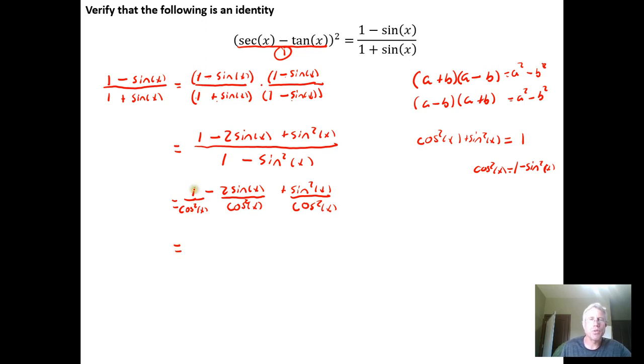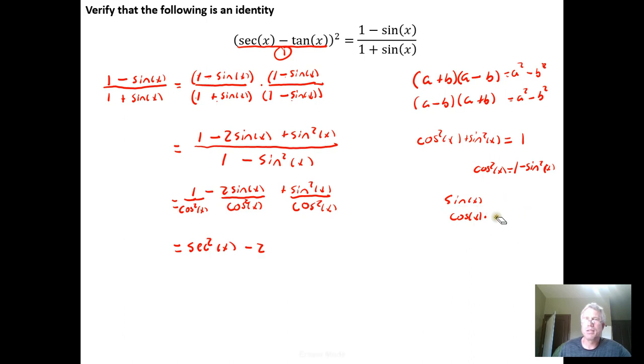So 1 over the cosine squared is going to be secant squared because cosine and secant are reciprocals. So 1 over cosine squared is the secant squared of x. And we get minus 2 times, and we have sine x over cosine squared of x. We want to recognize sine x over cosine squared of x is really just this.